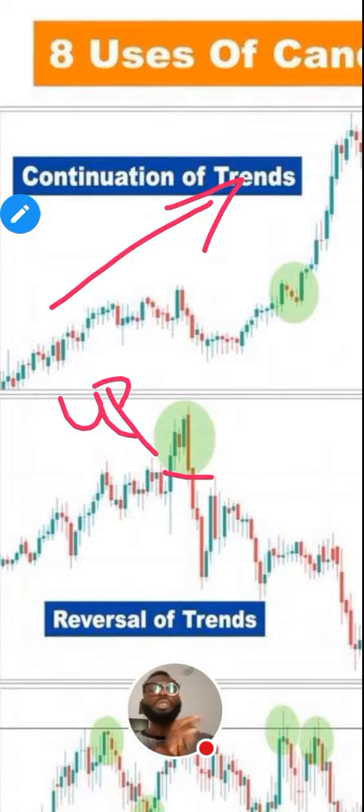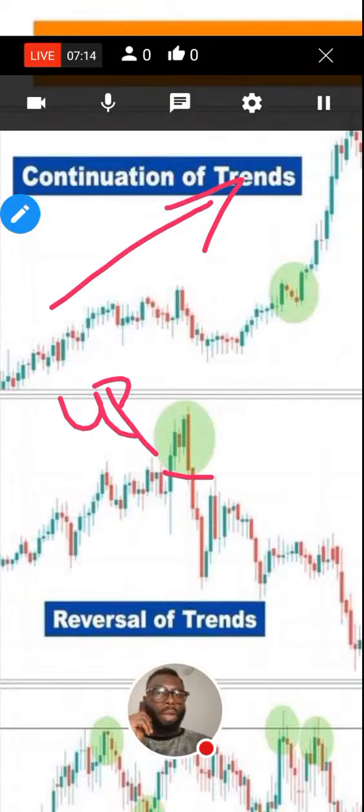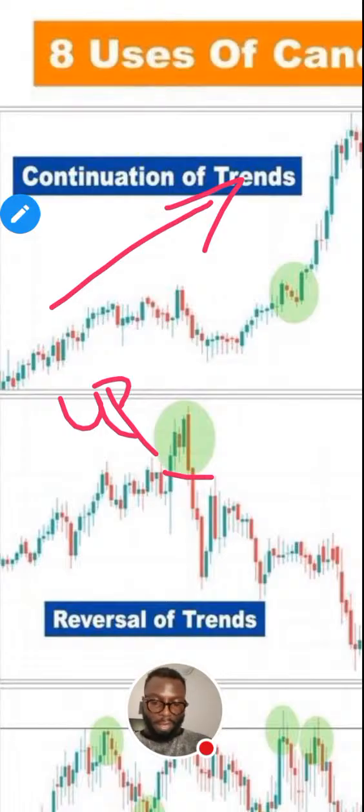Once you can confirm the structure, you want to see the market keeping to that structure. That is when you know, okay, definitely this guy is going my way. But anything outside of that structure, you're definitely on your own, because hopefully the market is reversing. So, what do I mean now?